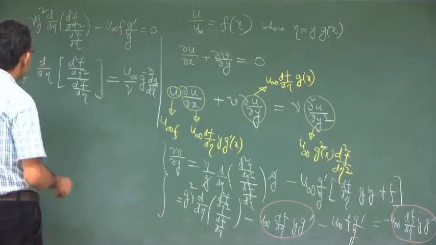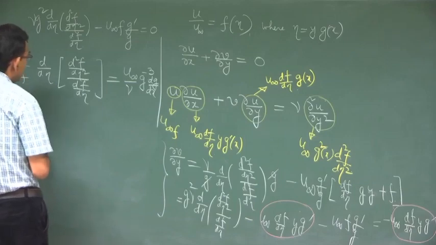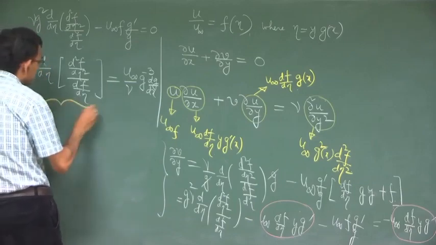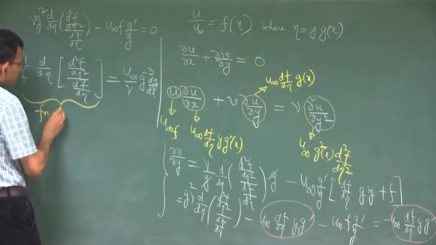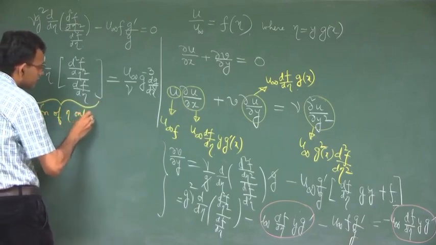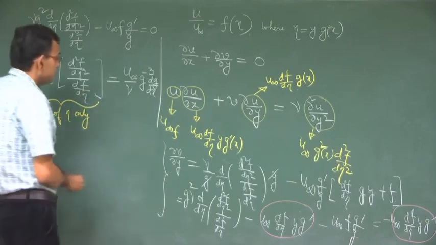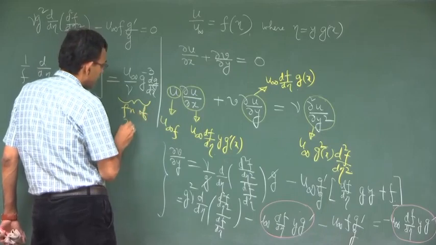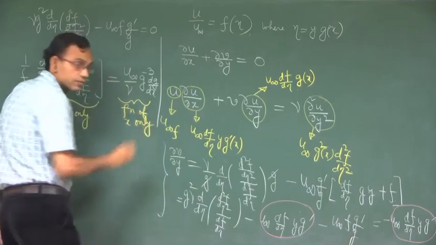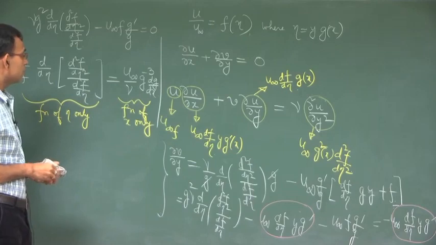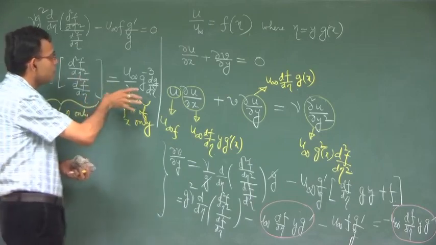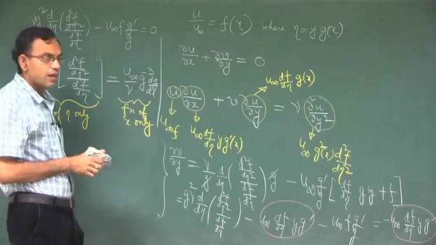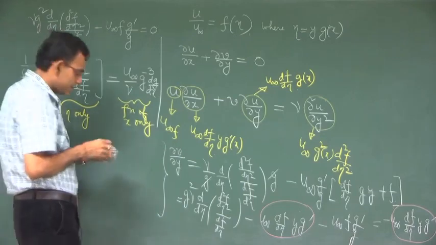So, then this is a function of eta only and this is a function of x only, right. So, a function of eta only is equal to a function of x only if each is a constant, right.